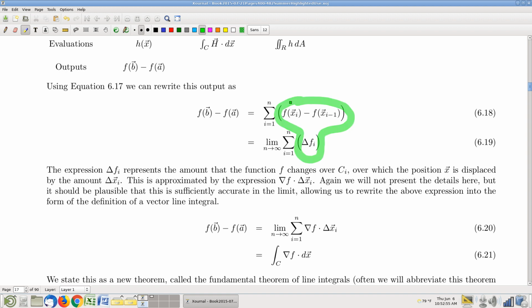After all, each one of these little expressions says how much f changes between two nearby points. Further notice, I can let n approach infinity. It doesn't matter. All of these are just a bunch of different summations that all equal a constant, f of b minus f of a. So taking a limit of a constant doesn't matter.